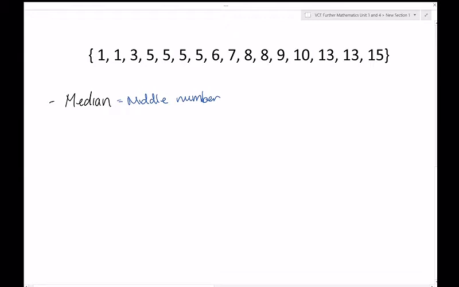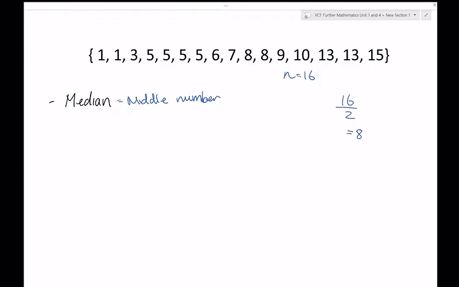So in this case, we have 16 numbers in this data set, n equals 16. So the middle of 16, if you divide 16 by 2, you have 8, okay? But that doesn't work because for something to be in the middle, each side of it will have to be exactly the same.